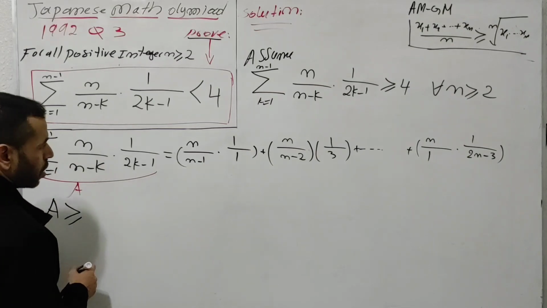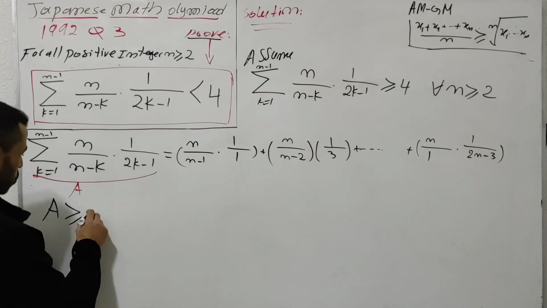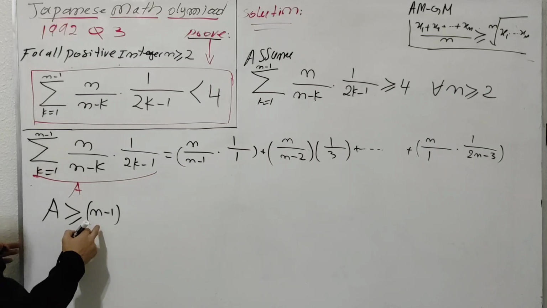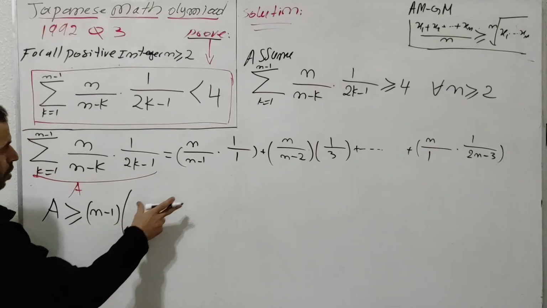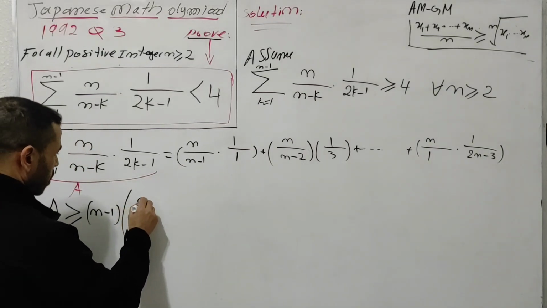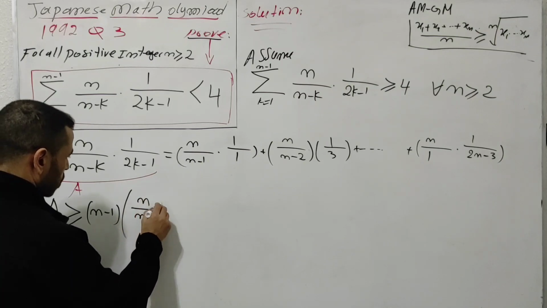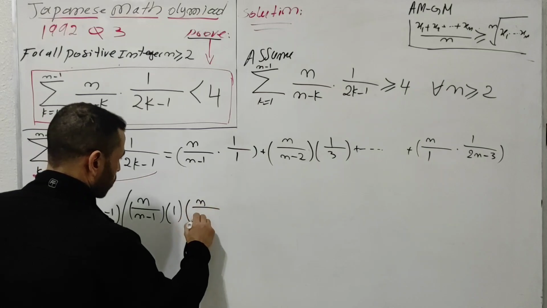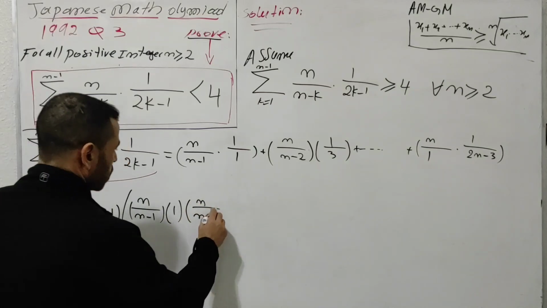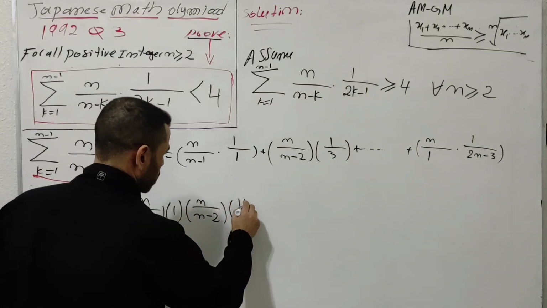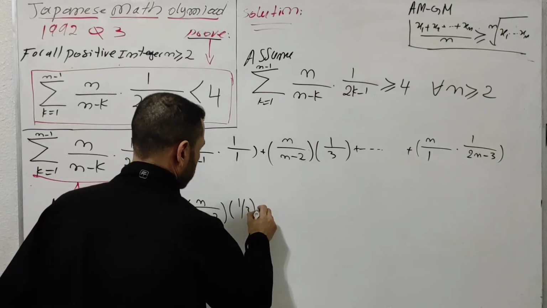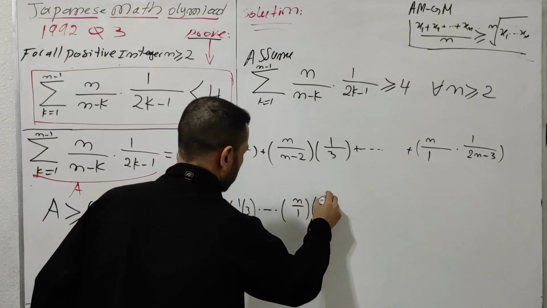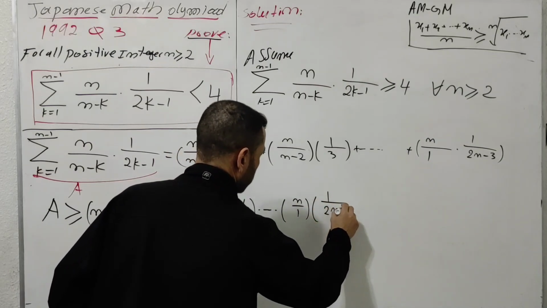So capital A is greater than or equal to n minus 1 multiplied by the product of n over n minus 1 multiplied by 1, multiplied by n over n minus 2 multiplied by 1 over 3, and all the way down to n over 1 multiplied by 1 over 2n minus 3.